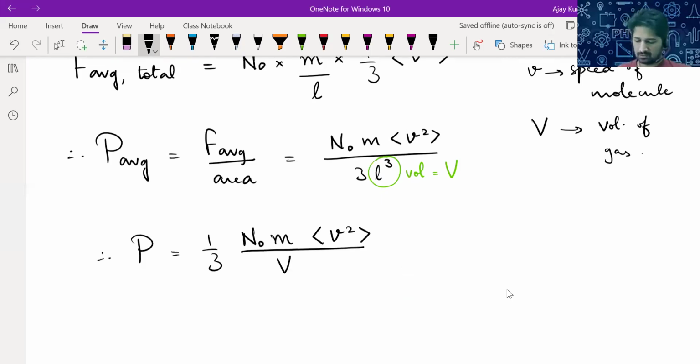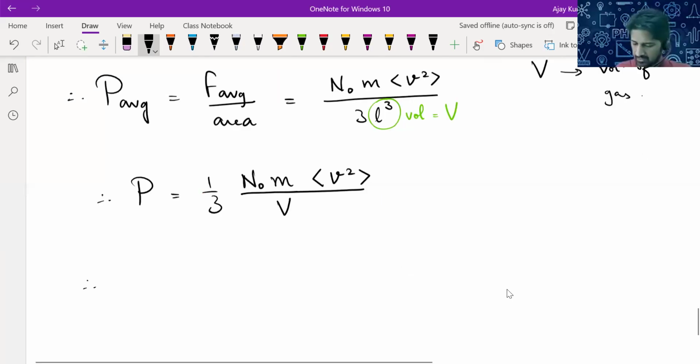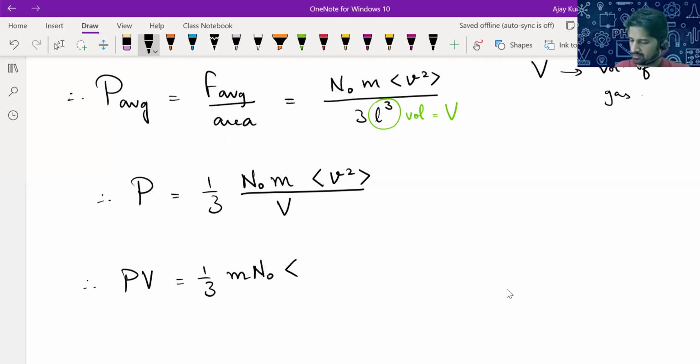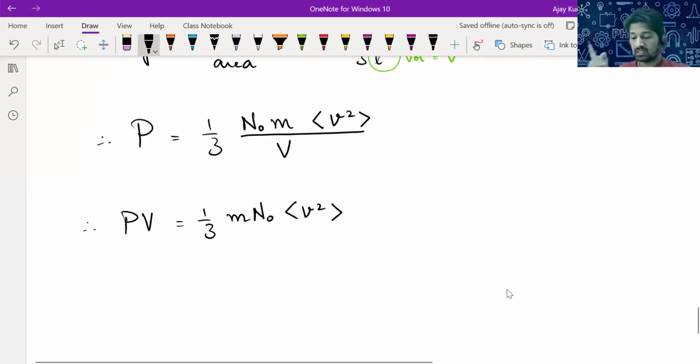So you can write PV is equal to 1 by 3 small m capital N naught average of V square. This is how we can relate the pressure of a gas to the speed of its molecules. This is what we call the kinetic interpretation of pressure, meaning the relation between speed of molecules and pressure of the gas.